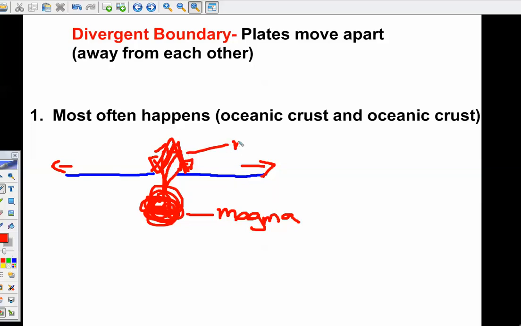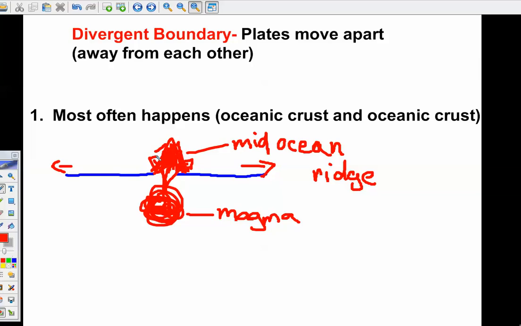And this is what forms our mid-ocean ridge. Okay, so that's how a mid-ocean ridge forms, is when we have magma forming underneath this divergent boundary, and it comes and fills in and creates new rock and new crust, and it builds up until a mid-ocean ridge forms.